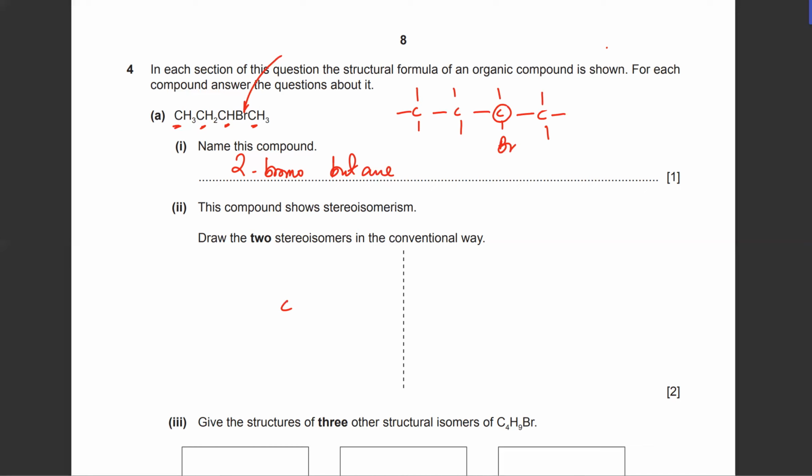It's going to look something like this. On top there's an H. Br, let's say at the bottom, and then there is a CH3 on this side and a CH2, CH3 on this side.